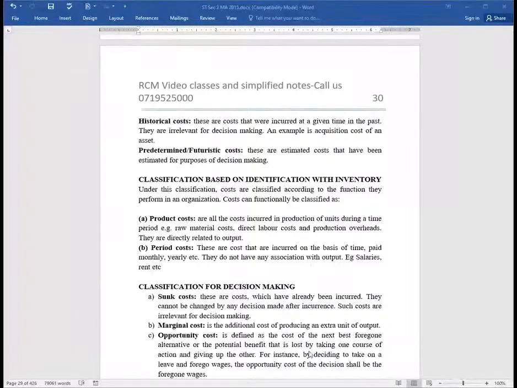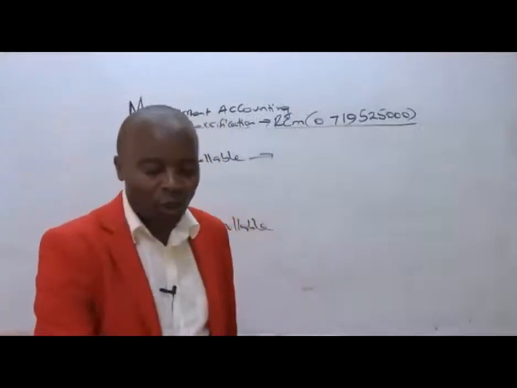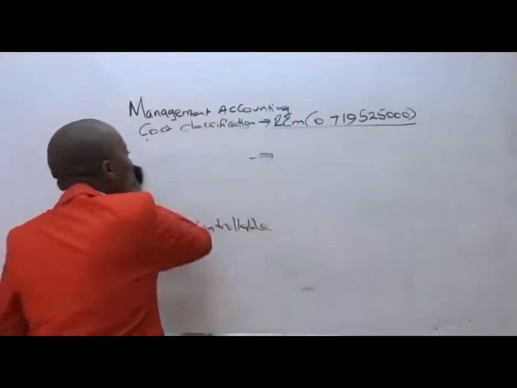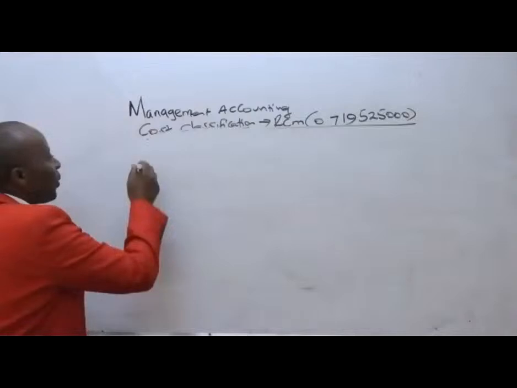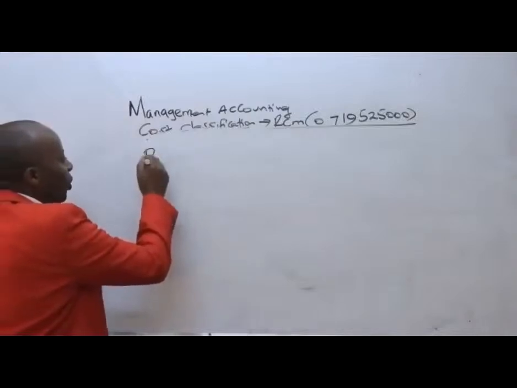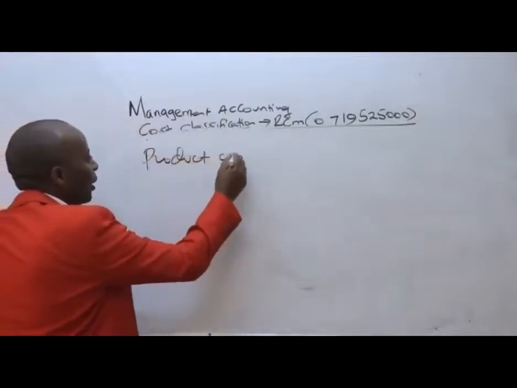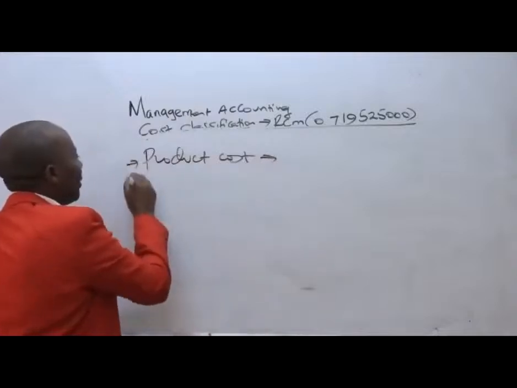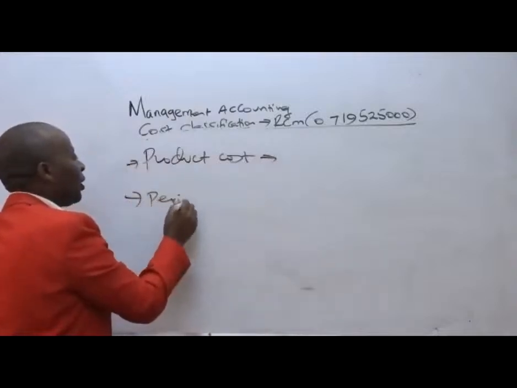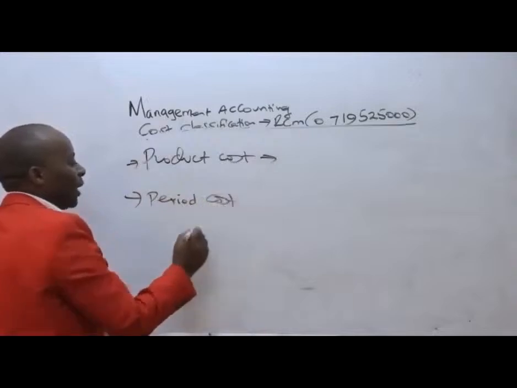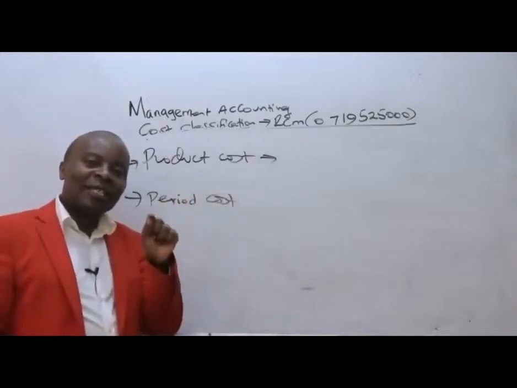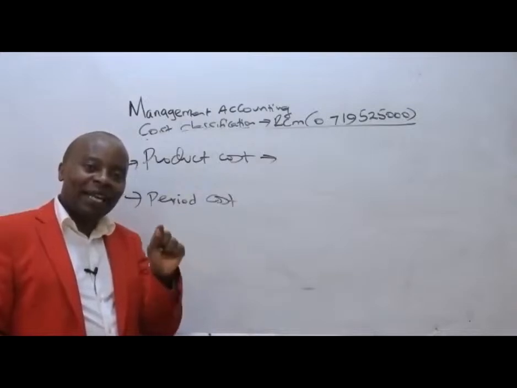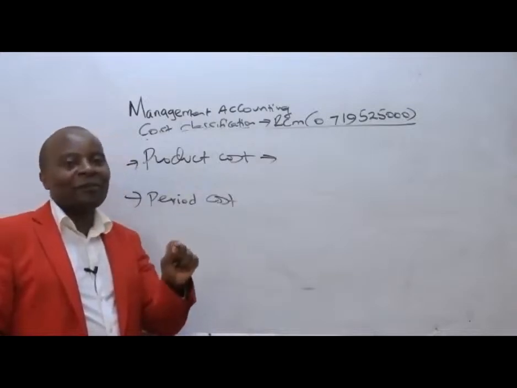So under classification with the inventory, we have what we call product costs, and then number two, we have what we call the period or periodic costs. Product cost and inventory, these are those costs that are attributable direct to the manufacturing process.